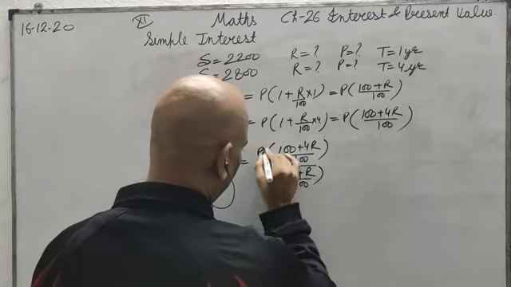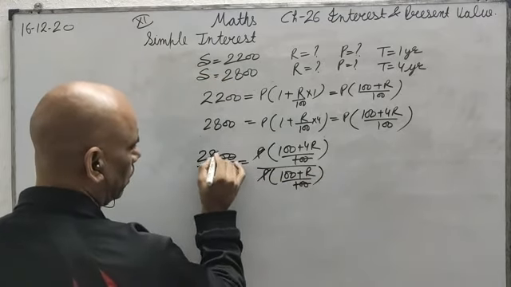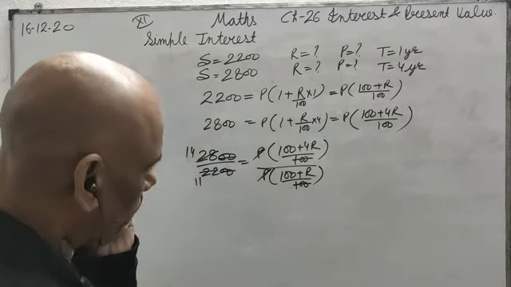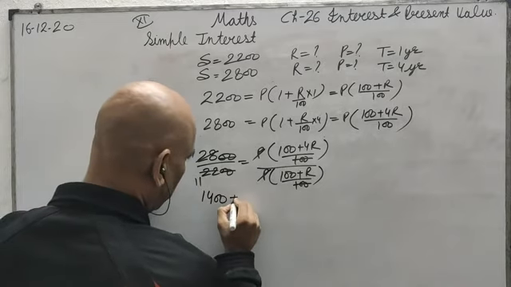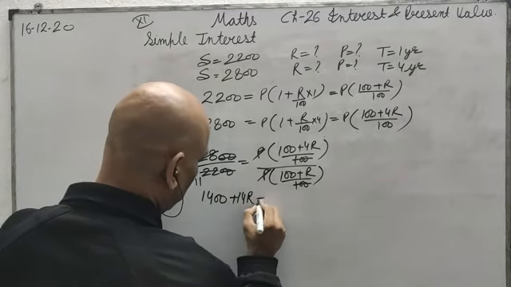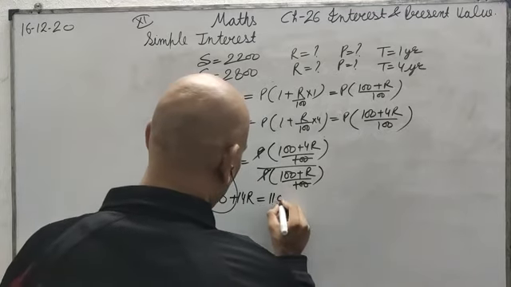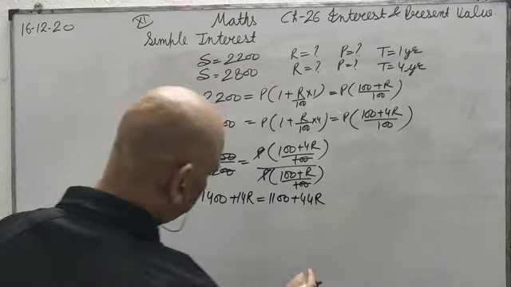P and P cancel, 00 and 00 cancel, and we get 14 by 11 and thereafter cross multiplication. So this will become 1400 plus 14R and 1100 plus 11 fours are 44R.